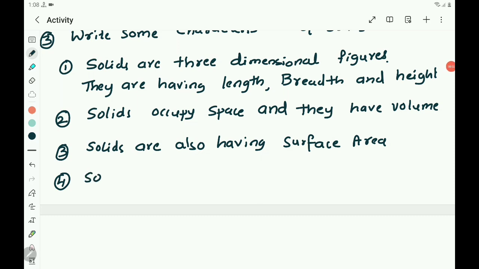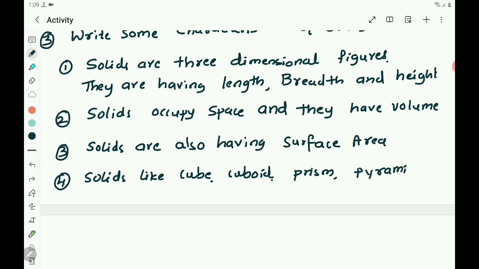So write, solids like cube, cuboid, prism, pyramid are having faces, vertices and edges. So write faces, edges and vertices.